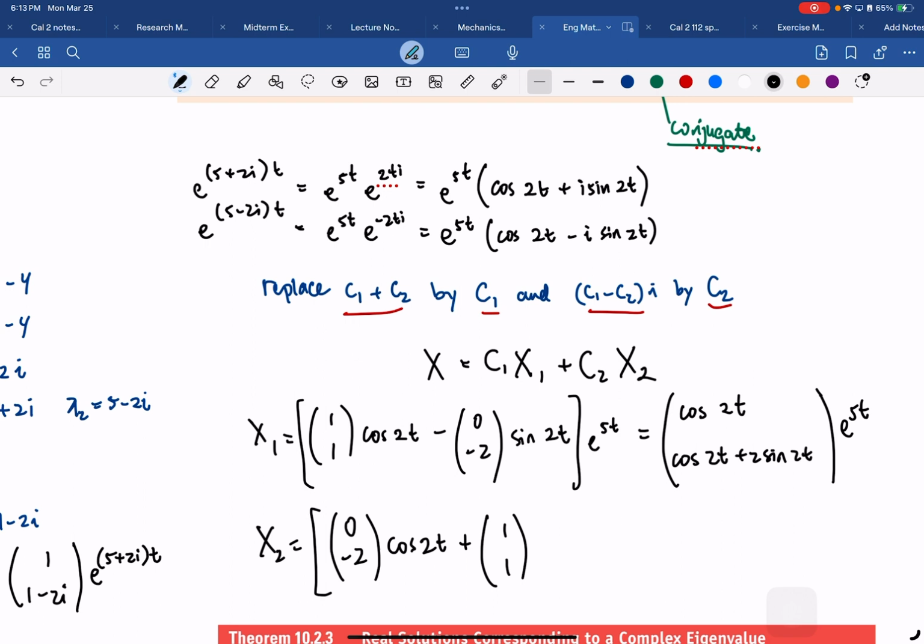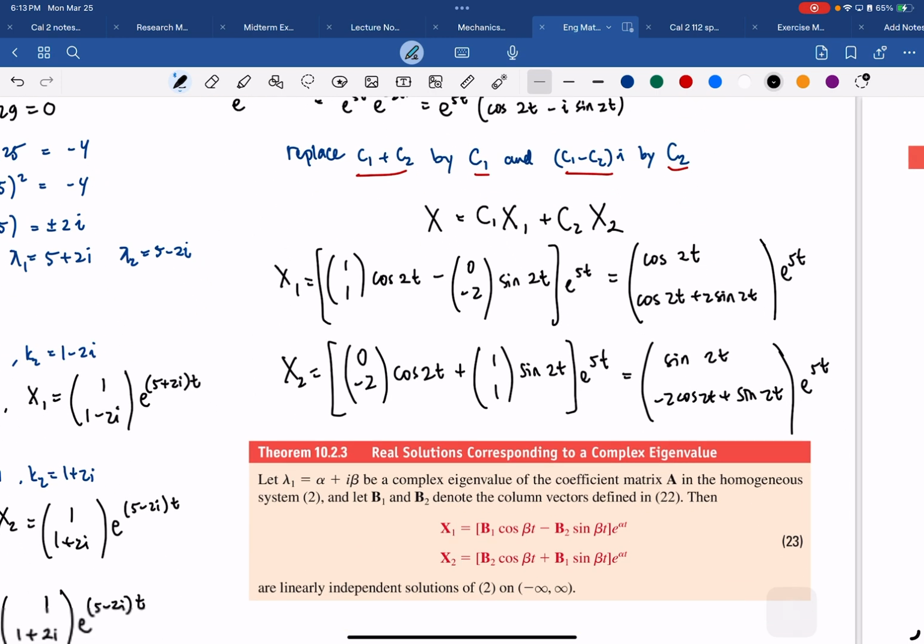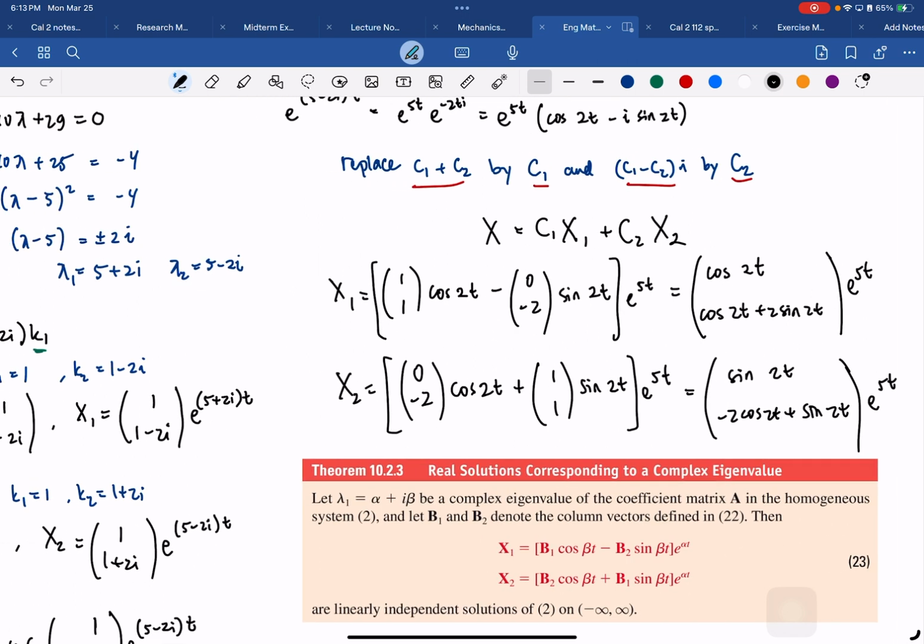Basically we just take turns. But now it's sine 2t, negative 2 cosine 2t plus sine 2t. Or we could just write like that.